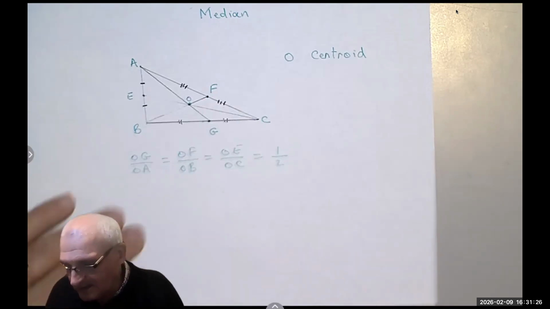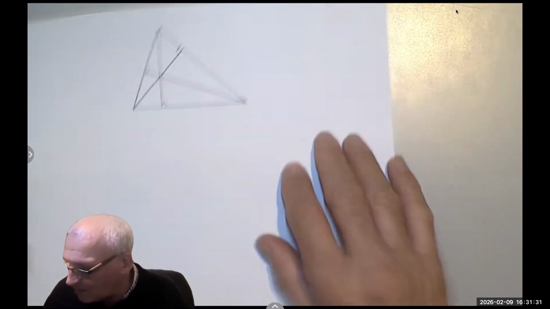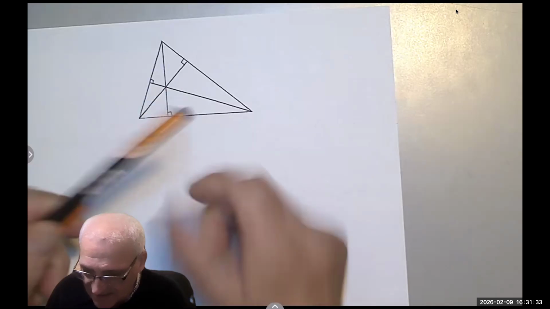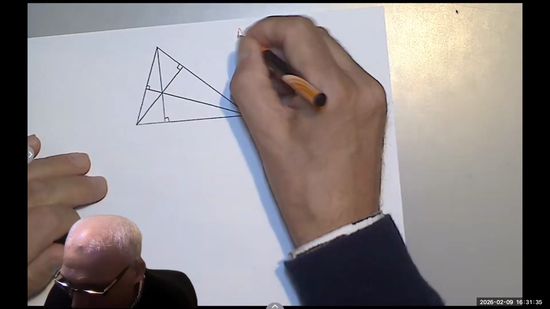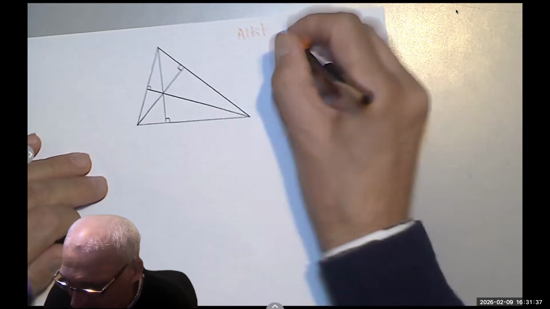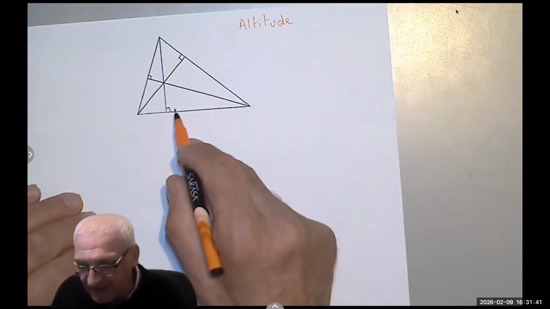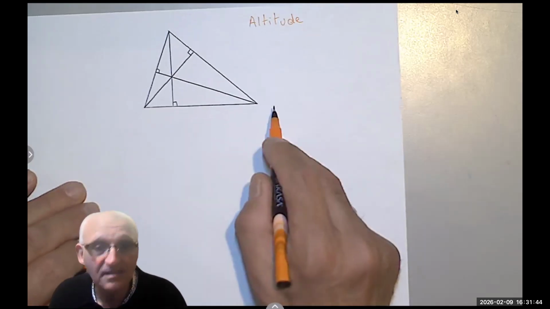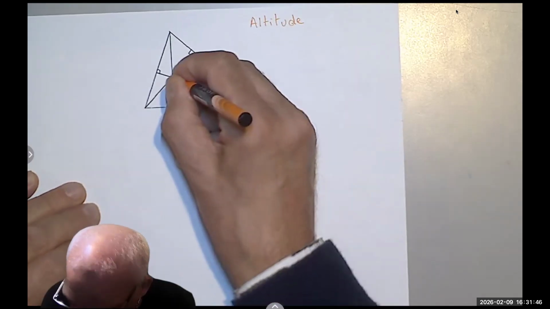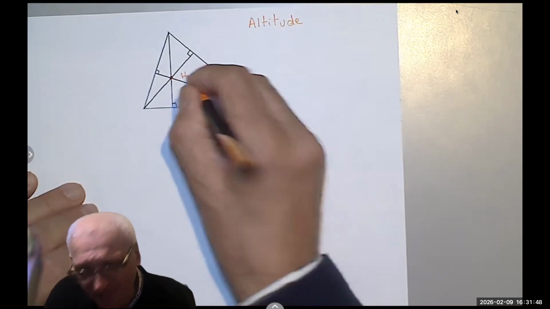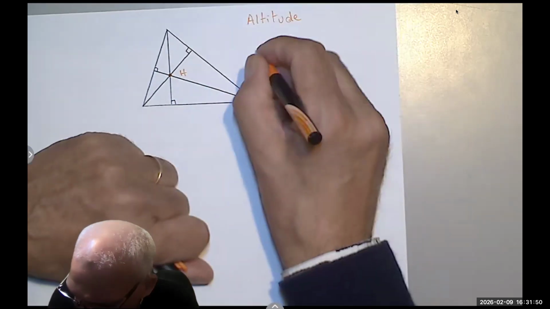Okay. The last one we are going to go over is the orthocenter. These are the altitudes, okay? Altitudes meaning from each vertex, I'm going to drop a line perpendicular to the opposing side. These will intersect at a point. Usually we call it H, but it's not important.